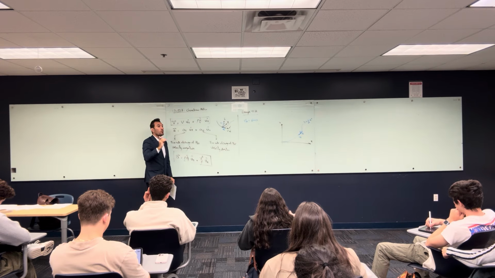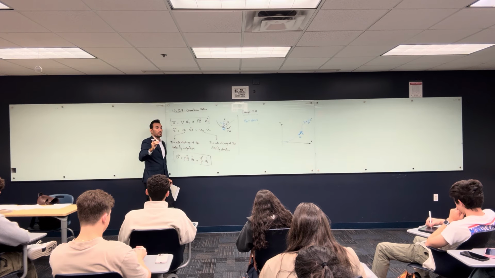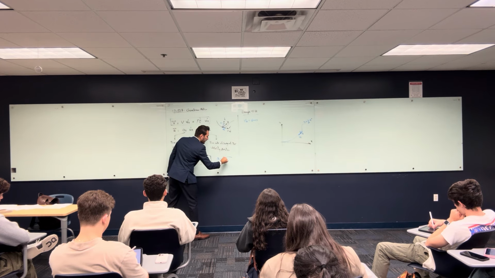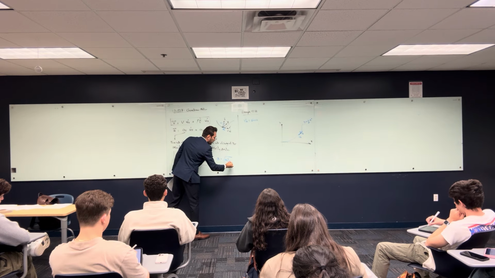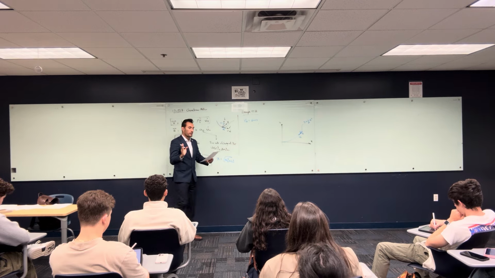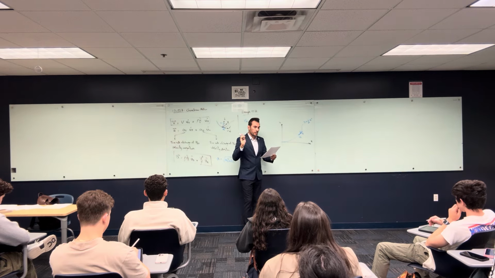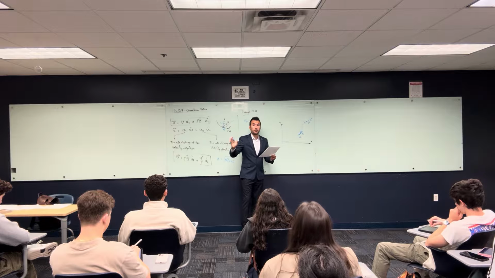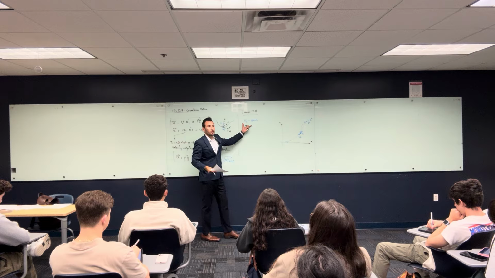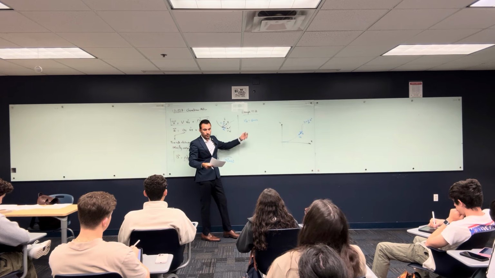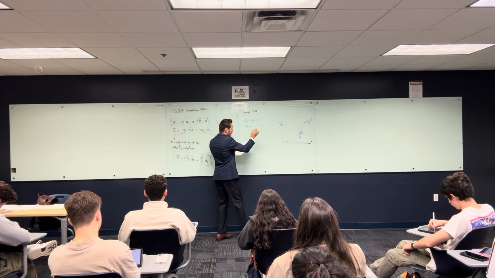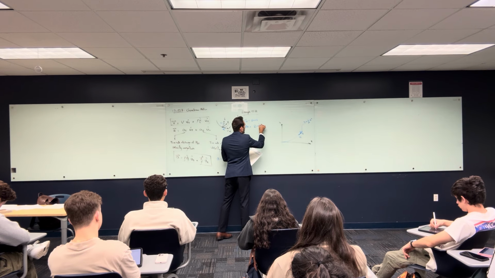If I said the total magnitude of the acceleration is increasing, that would mean A is the square root of a tangent squared plus a normal squared. But since the speed is increasing by this, I'm looking at how the magnitude is changing, not the direction. So a tangent is positive 2 meters per second squared.